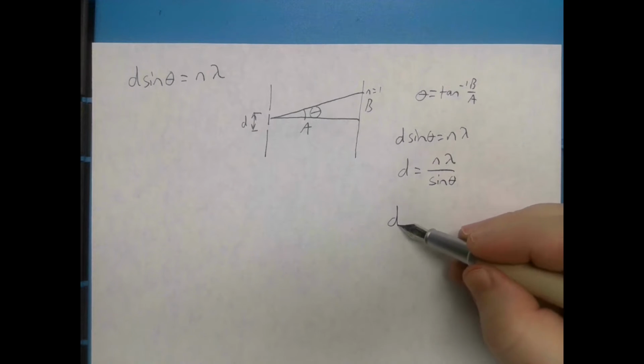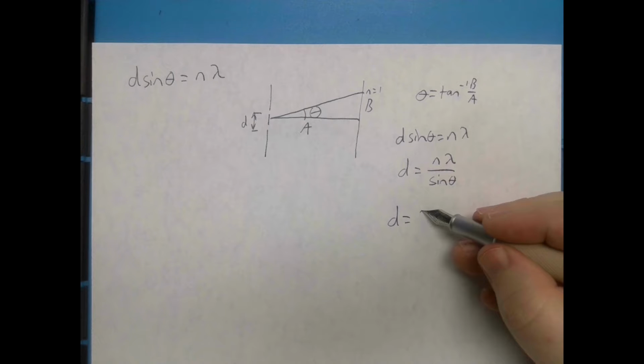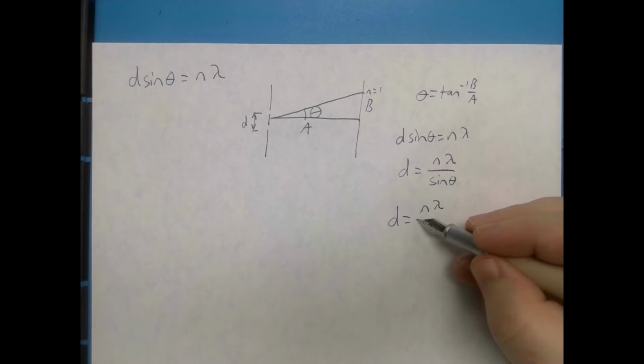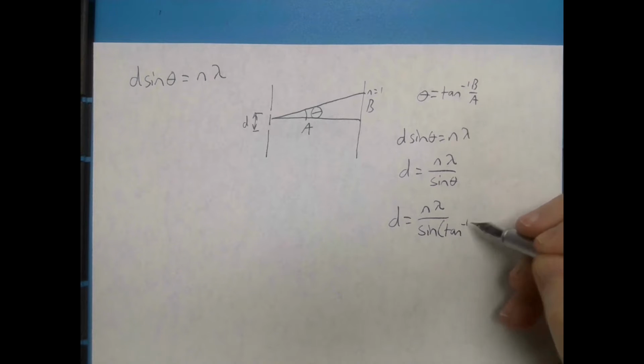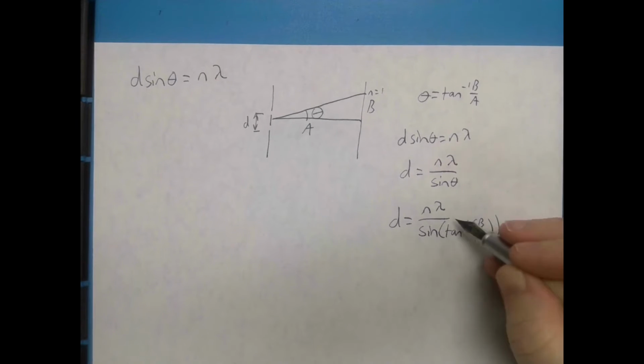And we know that theta is equal to the inverse tangent of B over A.